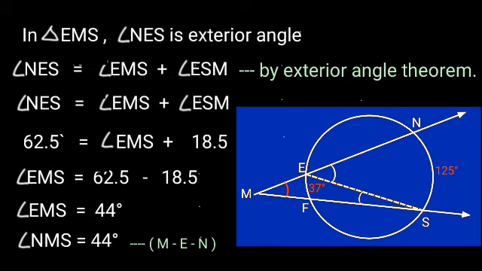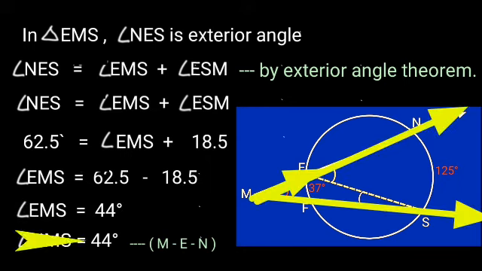We have to find the measure of angle EMS, which is 62.5 minus 18.5, that is angle EMS is equal to 44 degrees.